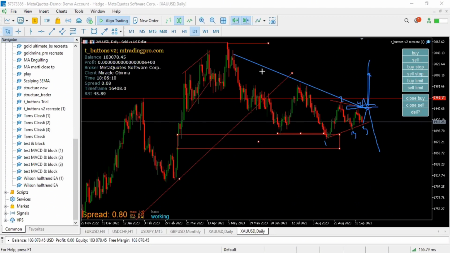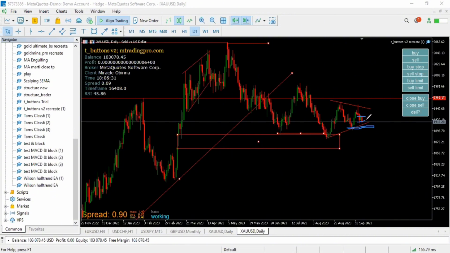I'm just going to pay attention to a breakout. What confirms the breakout is a break of structure. So patience is key in trading.